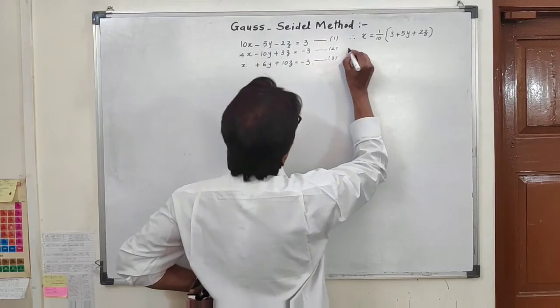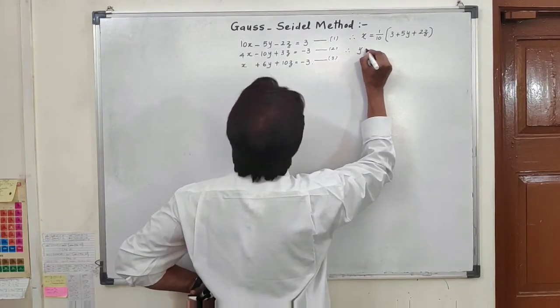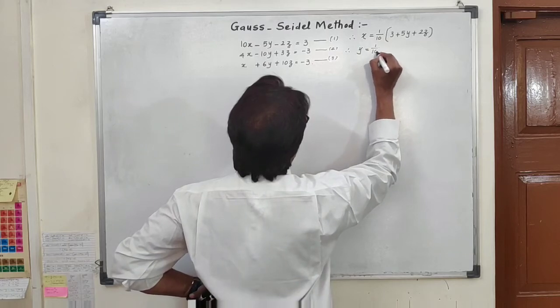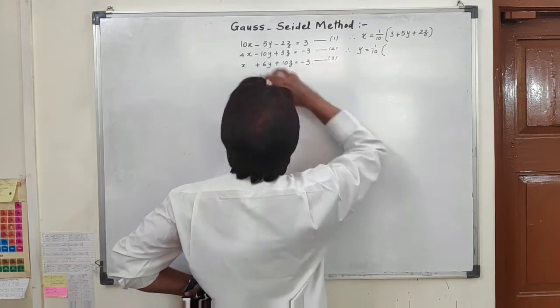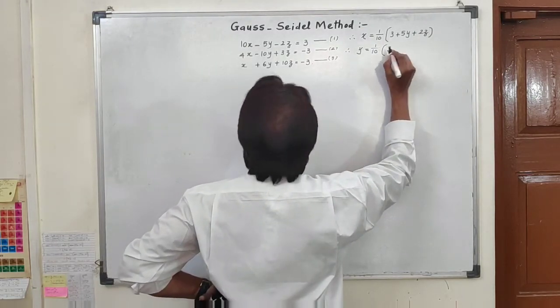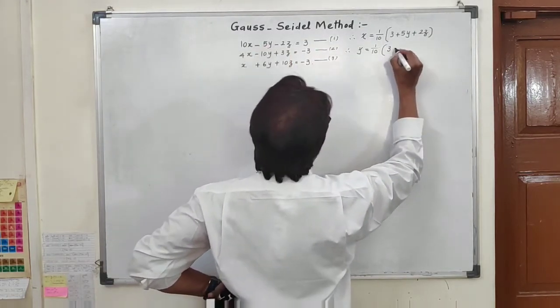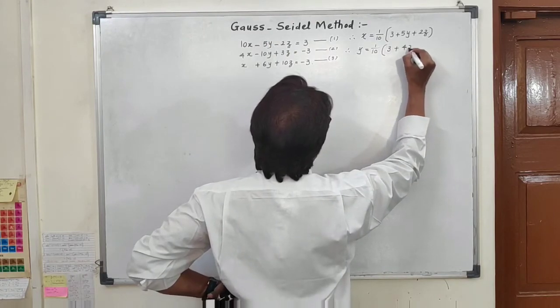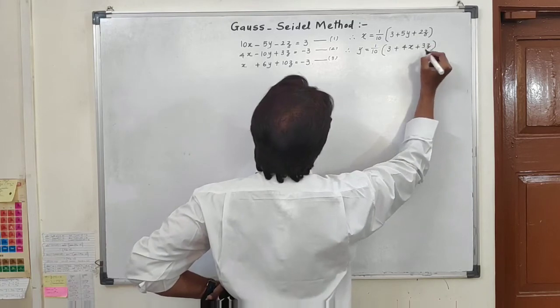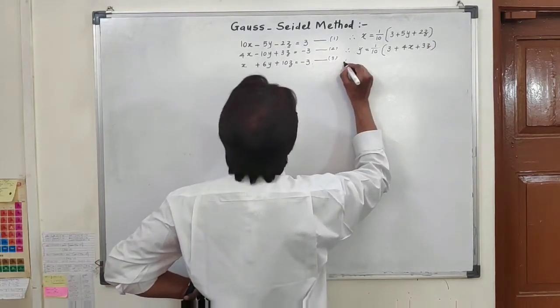From the second equation, what is the value of y? It is again 1 by 10 times (3 plus 4x plus 3z). And from the third equation, what is the value of z?